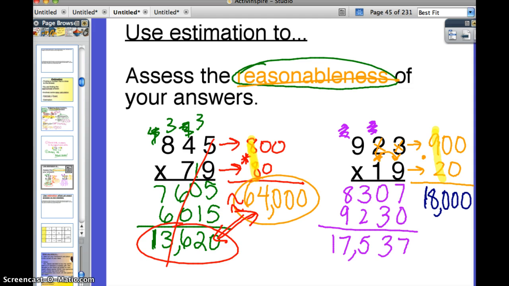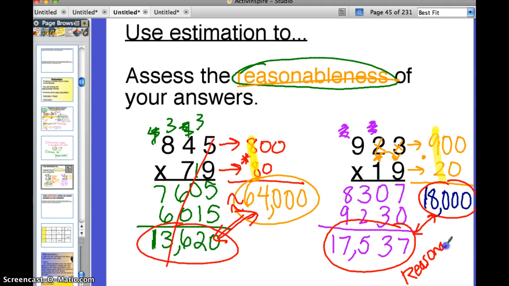All right, let's go ahead and compare the estimate with the answer I have. Now these are generally in the same ballpark. 17,537 is pretty close to 18,000. So this answer is reasonable. Okay, as opposed to the other, which was not reasonable at all.